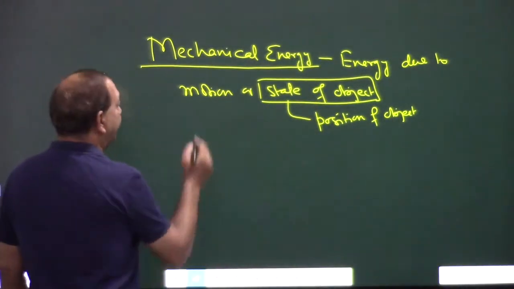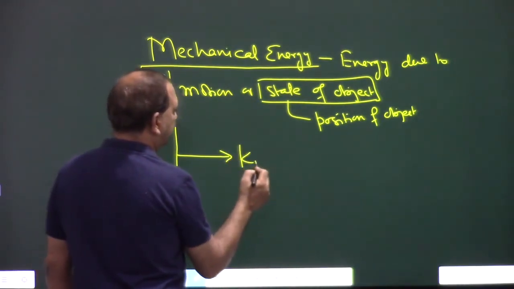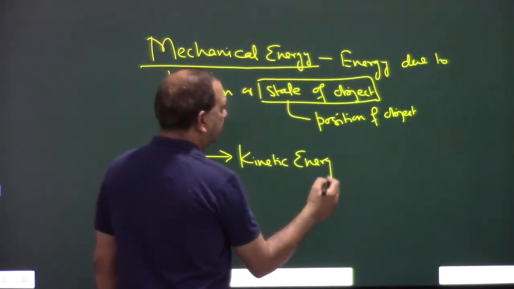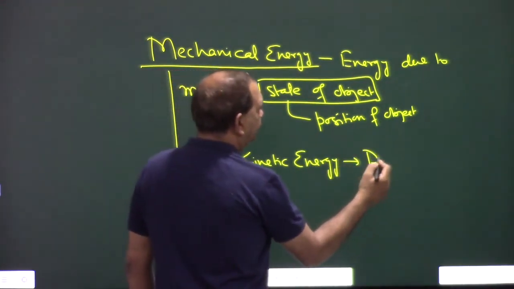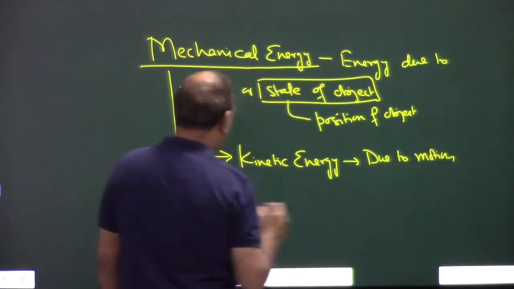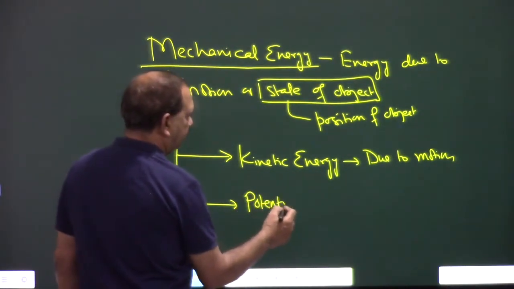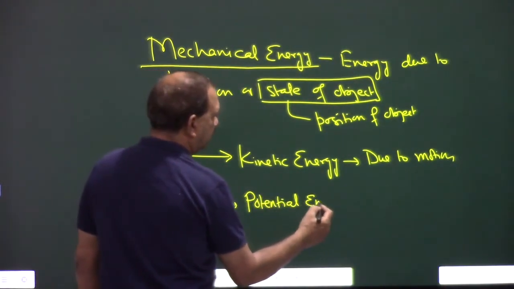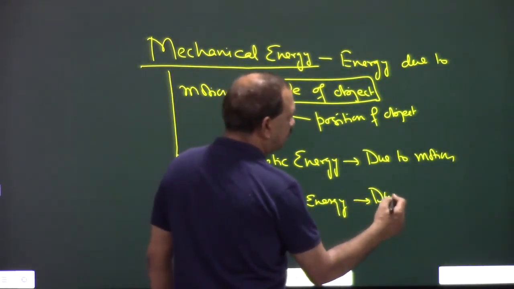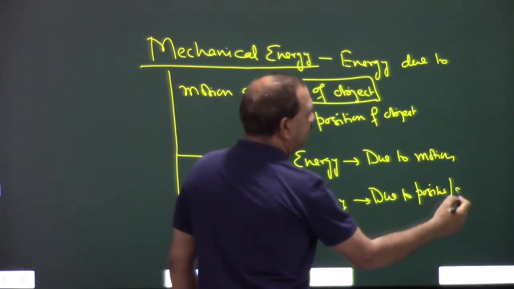One is kinetic energy, that is due to motion, and another is potential energy, due to position and state.